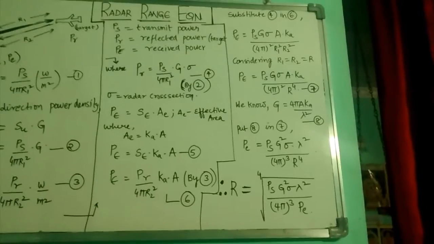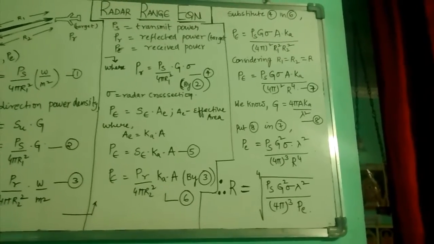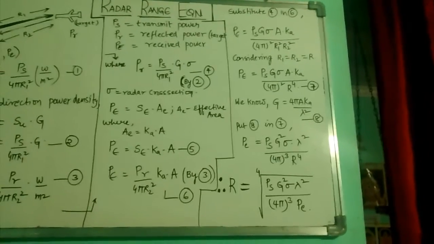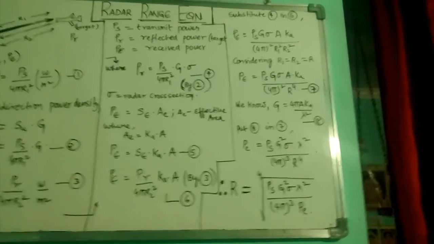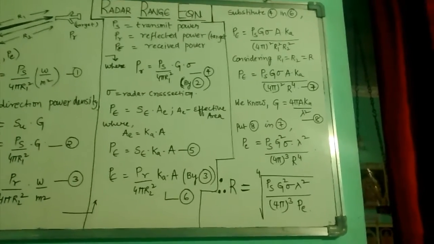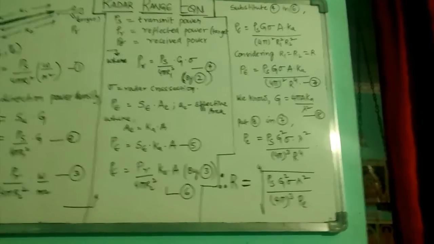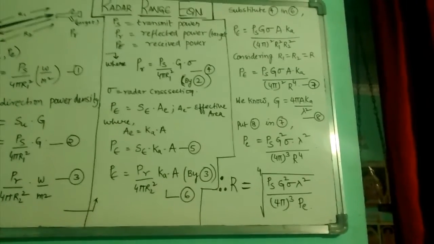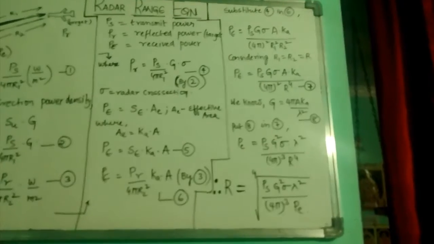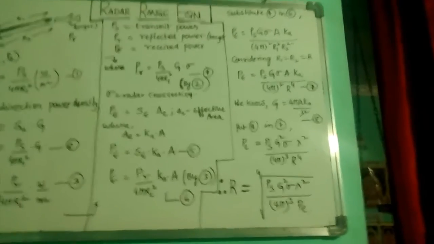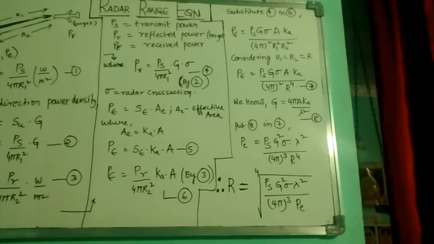Now gain is given by 4 pi by lambda square into effective area. As I already mentioned, AE equals K into A, so gain equals 4 pi AE by lambda square. This is given by the antenna properties, if you remember.